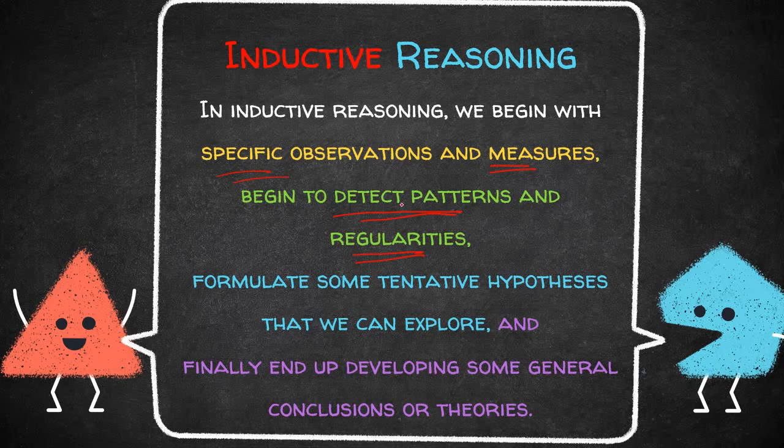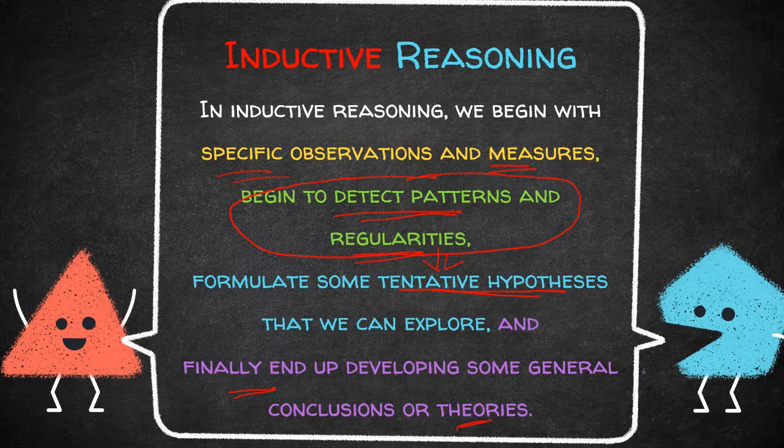The more you observe, the more likely you are to discover some regularities. And from these regularities and patterns, you come up with some statement about how in general the world operates or how the phenomenon is working. So you are actually trying to theorize. And so finally the end result of inductive reasoning is theory.